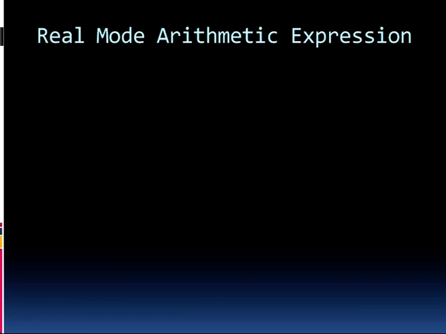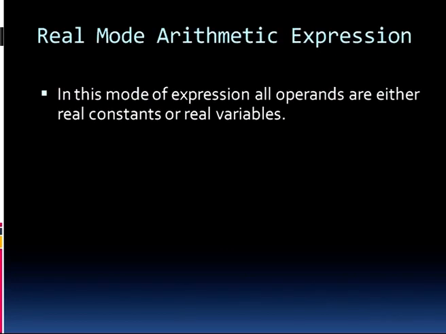Real mode arithmetic expression. In this mode of arithmetic expression, all the operands are of real data type. For example, this is a real mode arithmetic expression as both the operands x and y are of real data type.